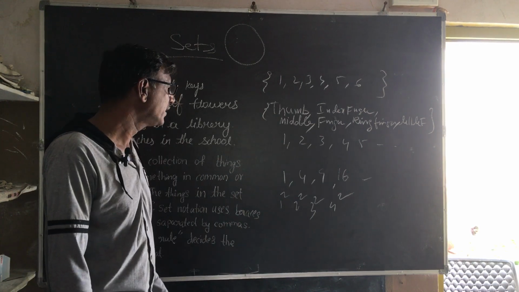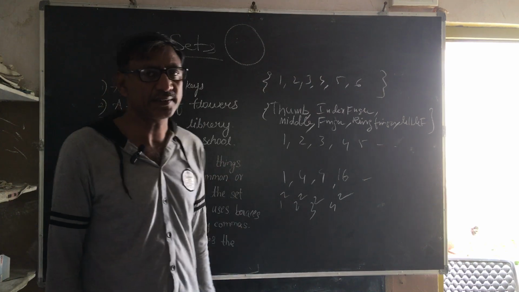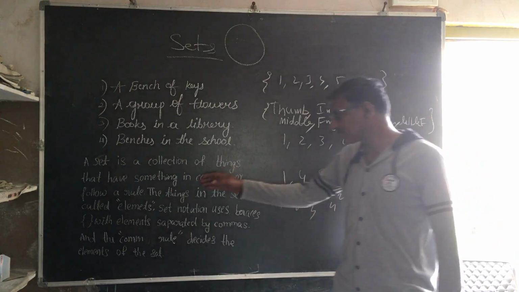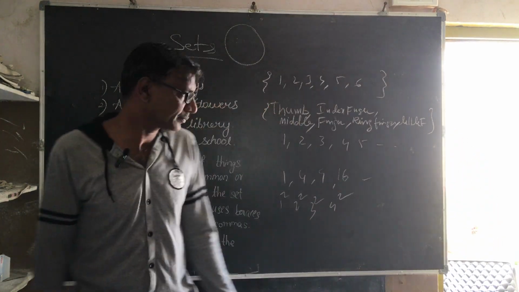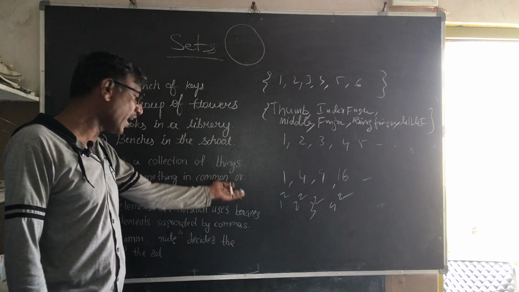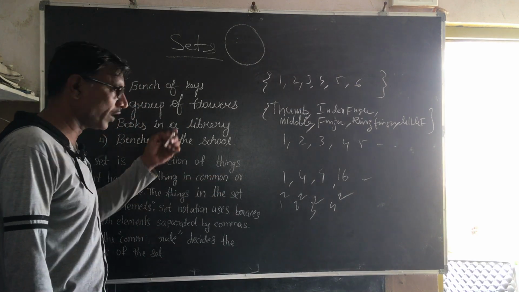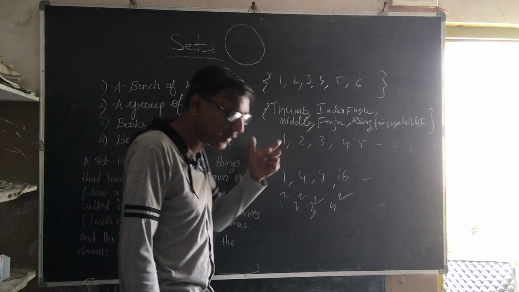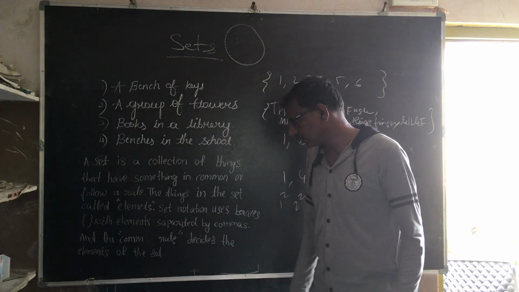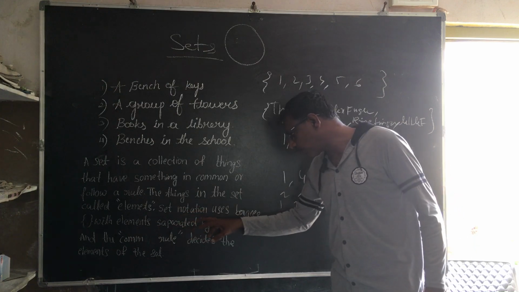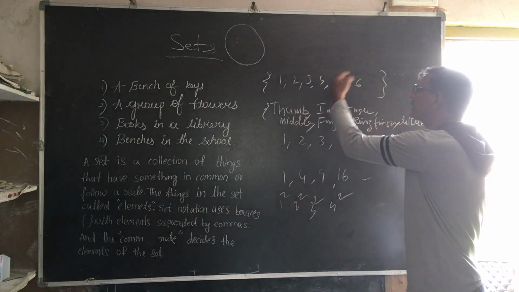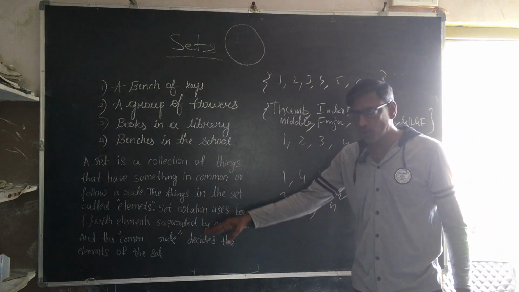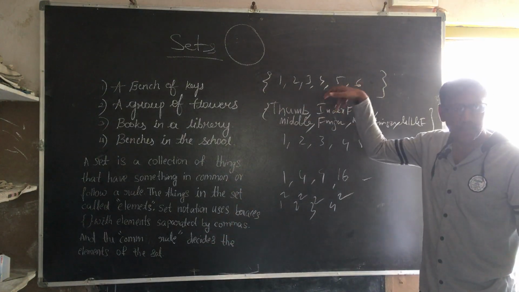Now understand, a set is a collection of things that have something in common or follow a rule. The things in the set are called elements. Set notation uses braces and elements are separated by commas. The common rule decides the elements in the set.